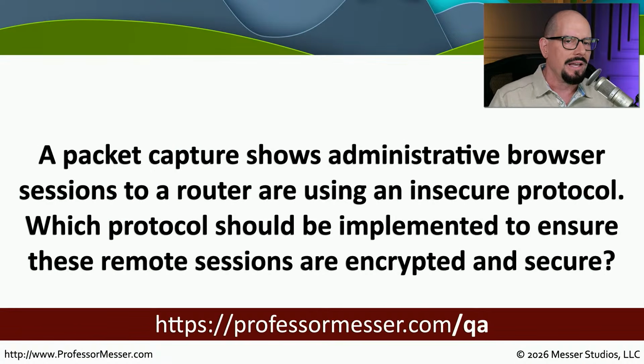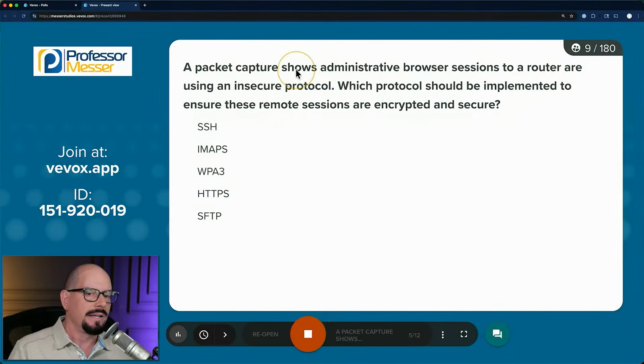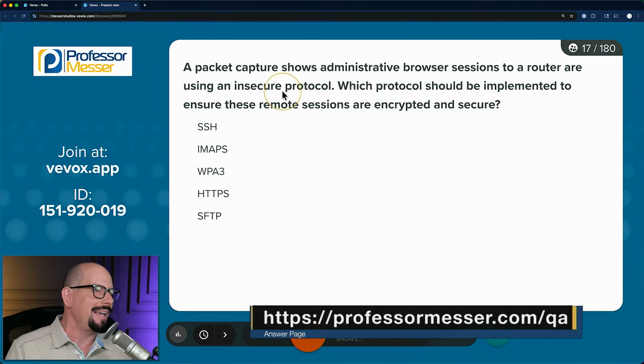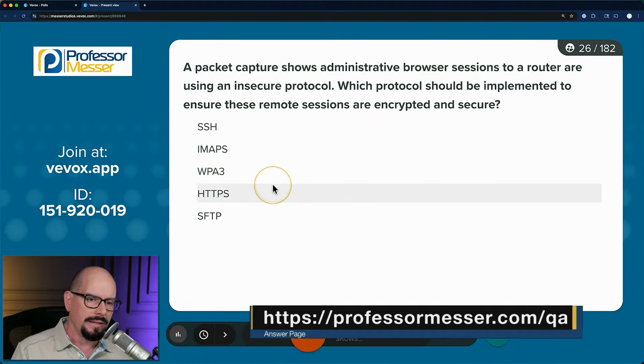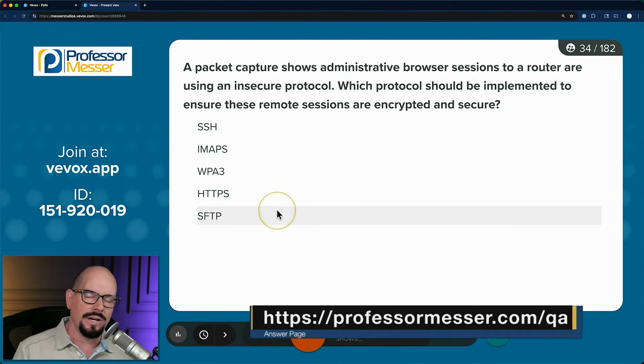Let's keep it going with this question that asks, a packet capture shows administrative browser sessions to a router are using an insecure protocol. Which protocol should be implemented to ensure these remote sessions are encrypted and secure? Is your choice SSH, IMAP-S, WPA3, HTTPS, or SFTP?